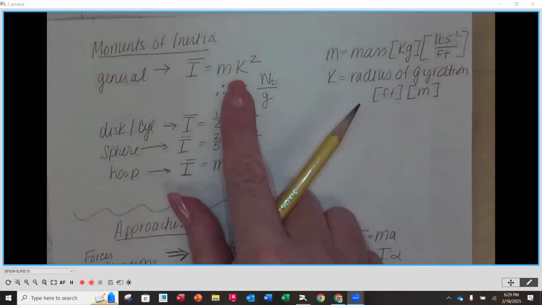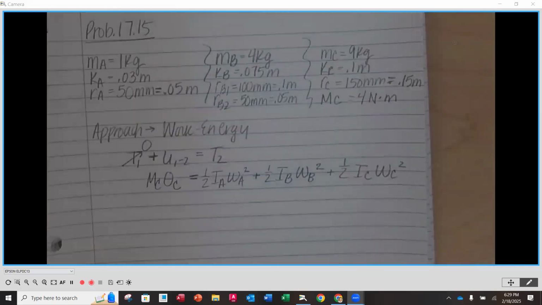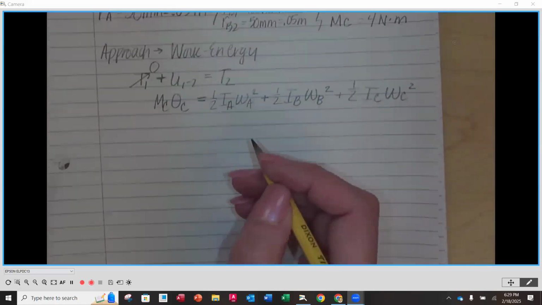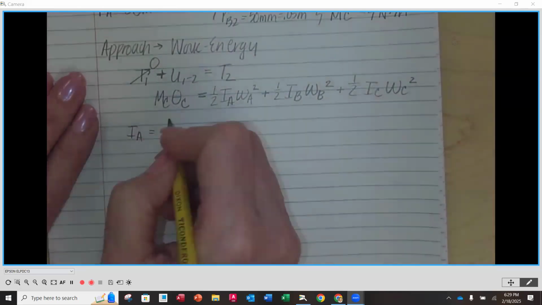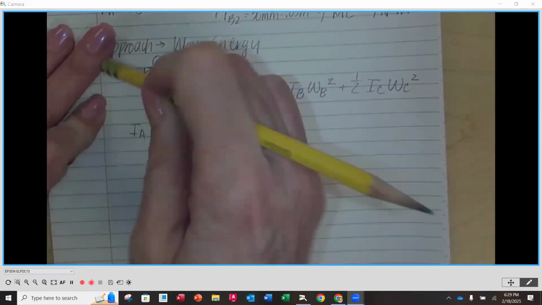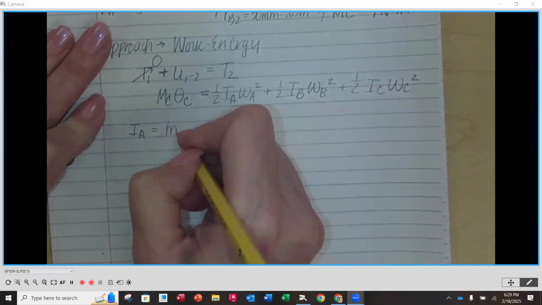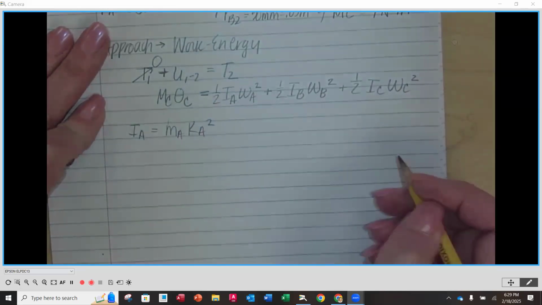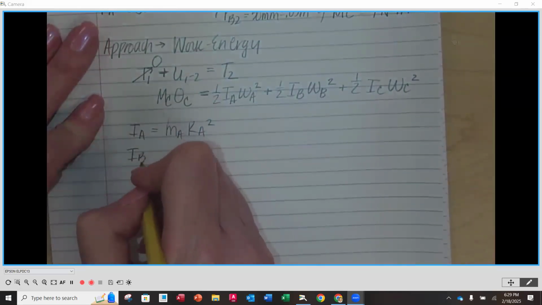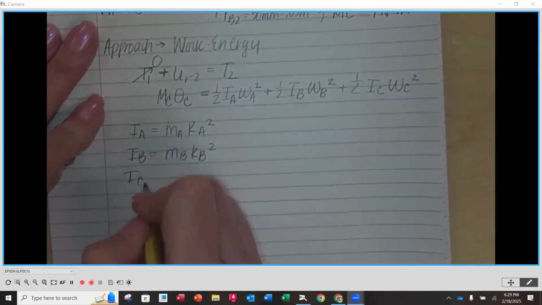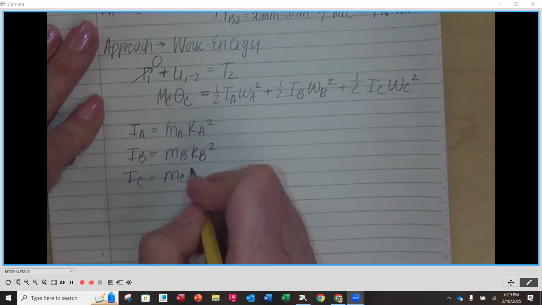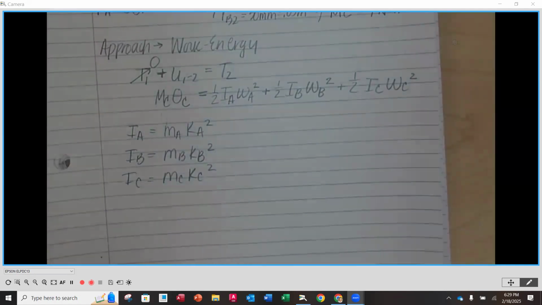So we're going to use the general where we need to take the mass times the radius of gyration squared for each one. So I'm not going to calculate each value, but basically our moment of inertia A is going to be mass of A times K of A squared. Moment of inertia B, mass of B times KB squared. Moment of inertia C is mass of C times KC squared.